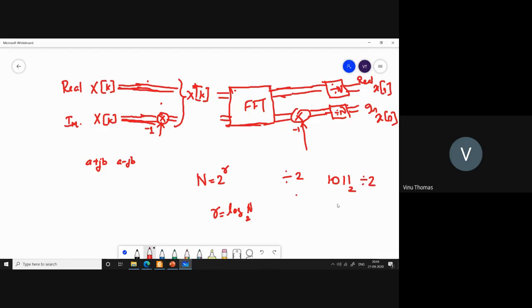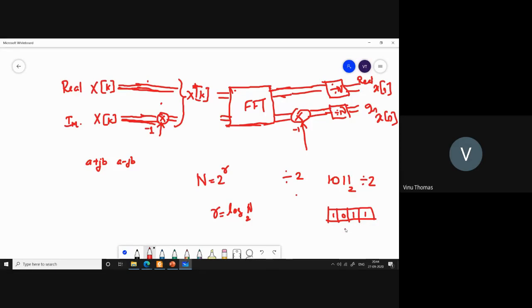1011 by 2. So 1011 by 2, I will store this in a shift register. 1011 is a number. What is 1011? It is 11. So I need to compute 11 by 2. So what is 11 by 2? That will be 5.5, right?